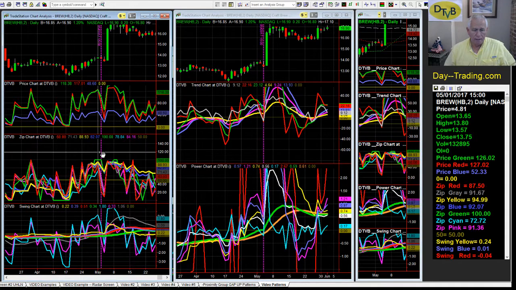Zip red actually went from 87 to the pink vertical line day to 21, so it dropped over 60 points, and that's what we would say is a nice red spike.